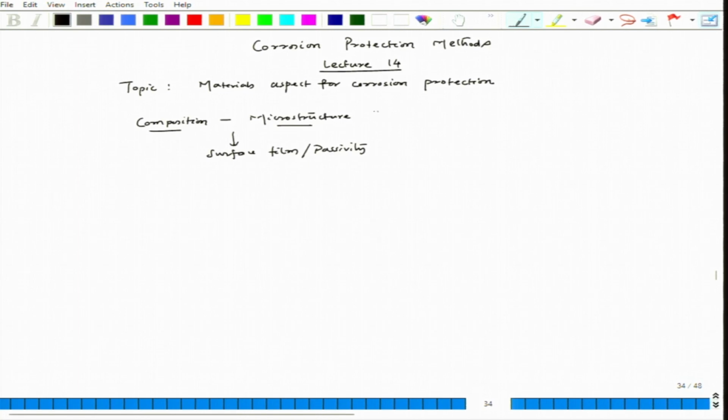We are talking only about composition and then its influence on the surface film and then its influence on corrosion resistance.